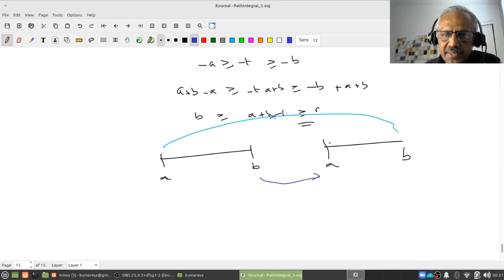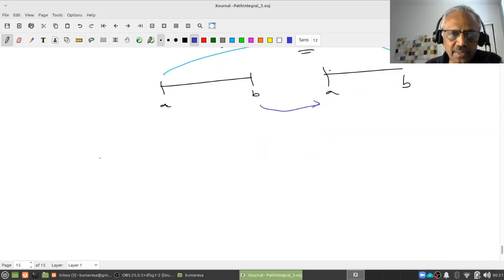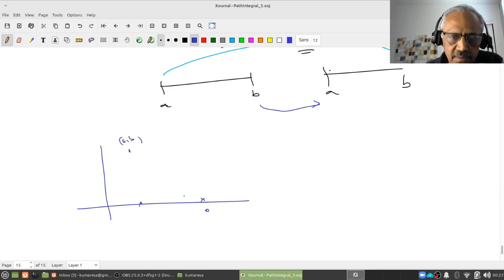And remember, it's an interval going to an interval, therefore it's a line segment, right? So let us say this is A, this is B. This is [a, b] and this is [b, a], therefore this is A, and it should be here.